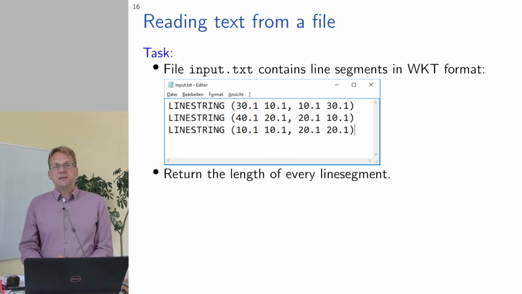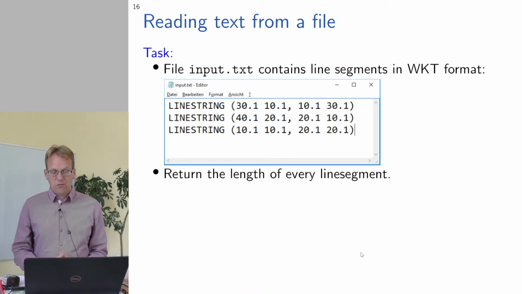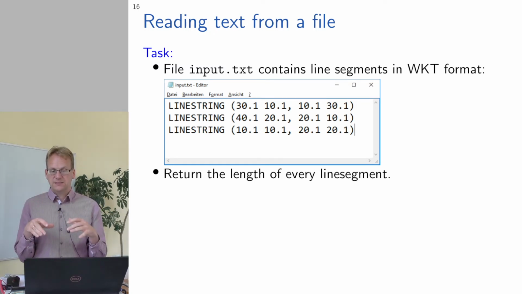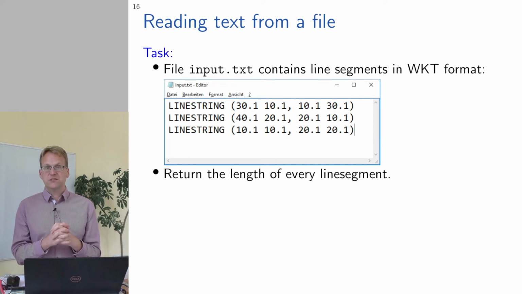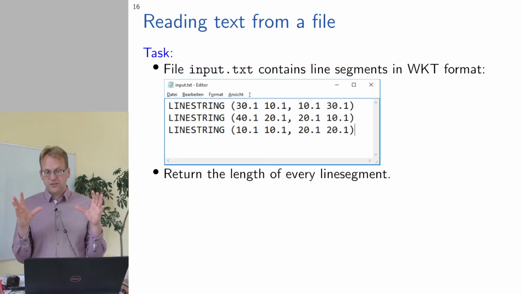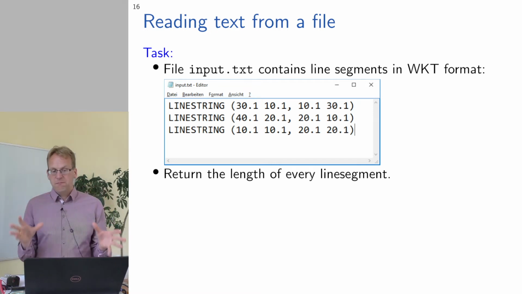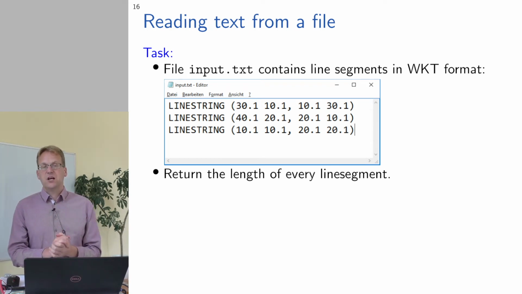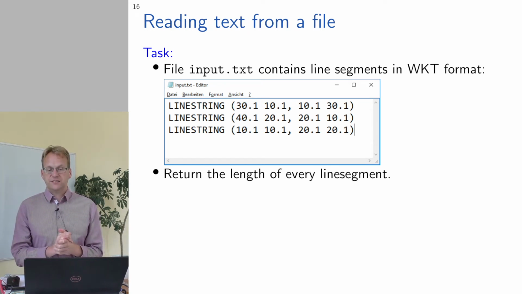Let's do a little bit of a more interesting example here. We're not just interested in reading a single number usually. So our input files, if you think of geoinformation, usually these input files contain many geometric objects with coordinates, and that is quite common to work with in the GIS context.